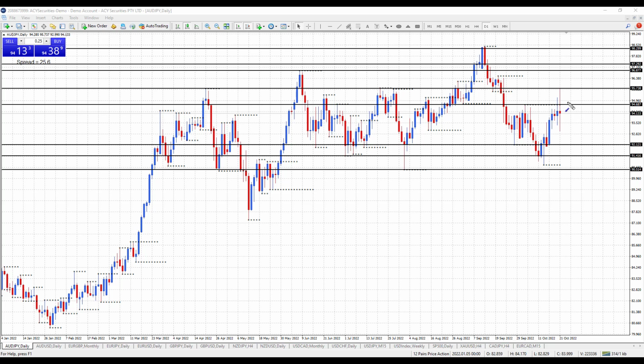So ultimately last week on Friday we came up to test 95.73, this weekly resistance area across here. So on Friday we did hold there, then the Bank of Japan came in and pushed prices down. Now we're back below 94.68 daily resistance.